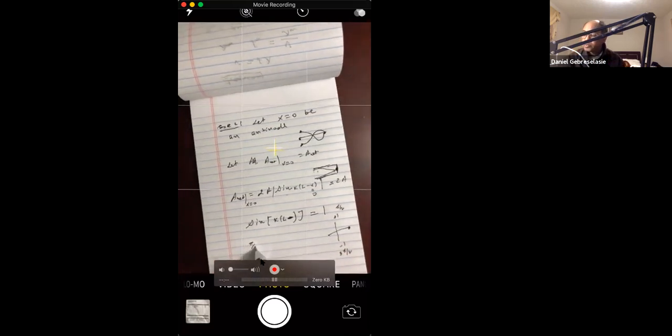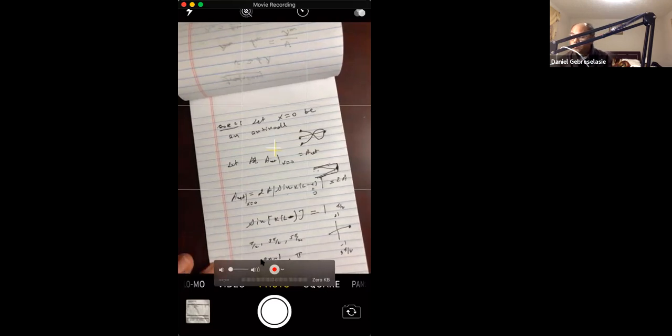So basically, these are the values: pi over 2, 3 pi over 2, 5 pi over 2, and so on. You see, it is half-integral multiples of pi. So generally, you can write it like this: (2n minus 1) divided by 2 times pi, okay? Where n is an integer. Do you see that?